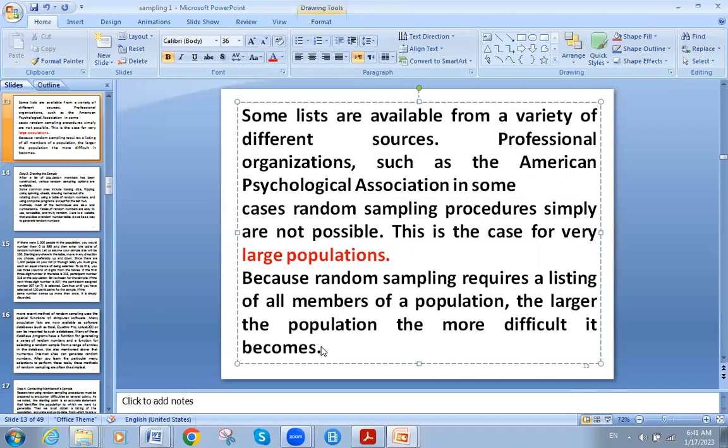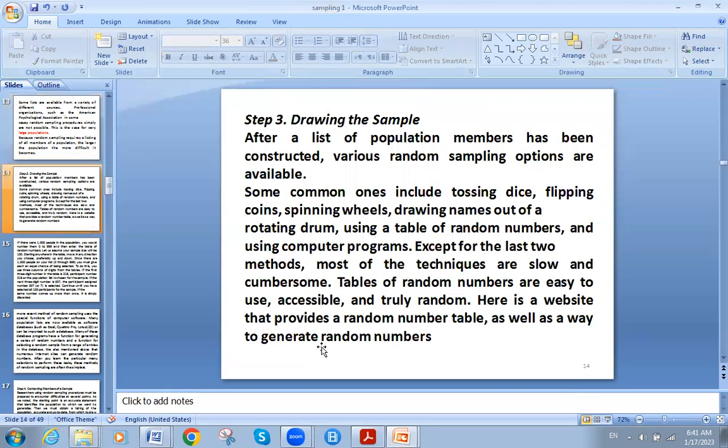It is impossible to know how many there are, or you might miss some units or elements. So usually it's very difficult to exactly write down or make a list of the population when the population is very large.